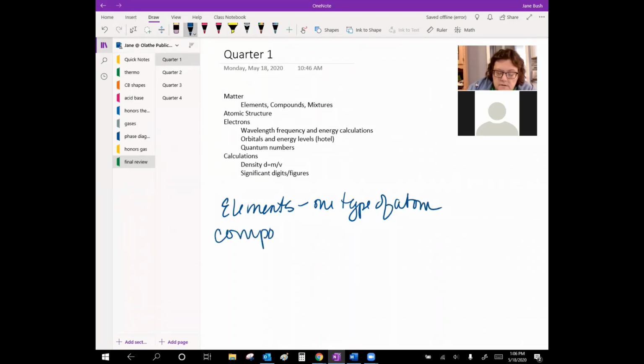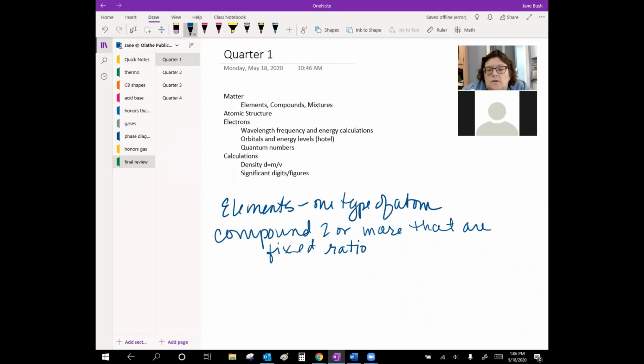Compounds are two or more that are in a fixed ratio. So the ratio is always the same. That's why we can use that little percent to mass, mass to mole, divide by small, multiply to whole when we do the empirical formulas, because that percentage is always fixed for a compound.